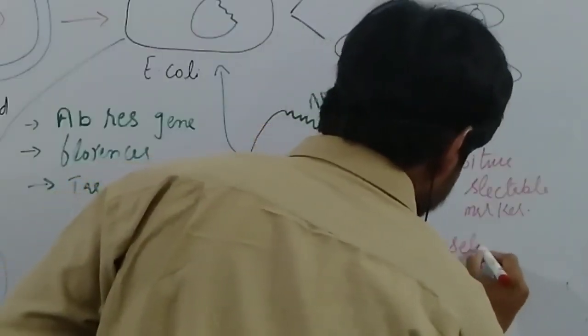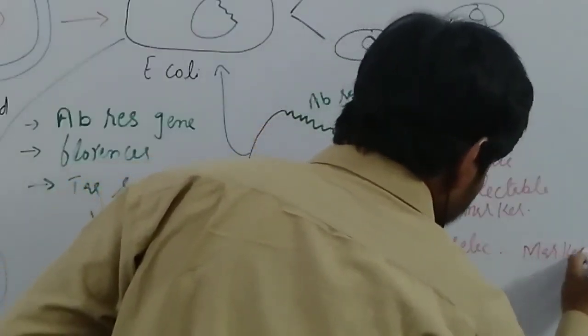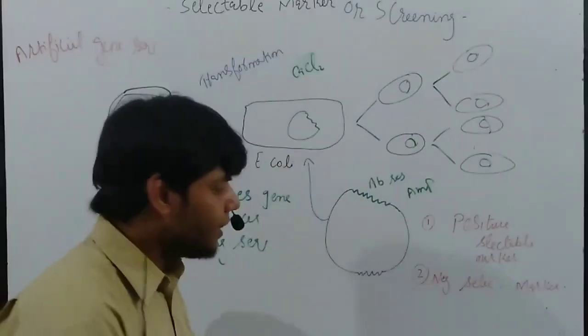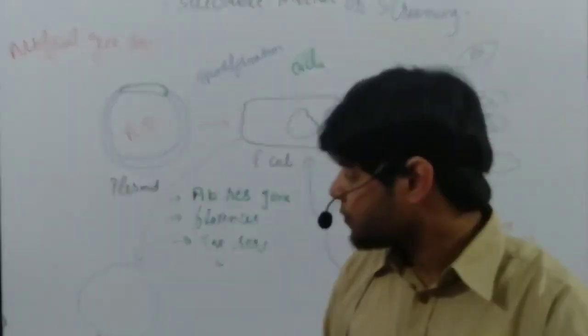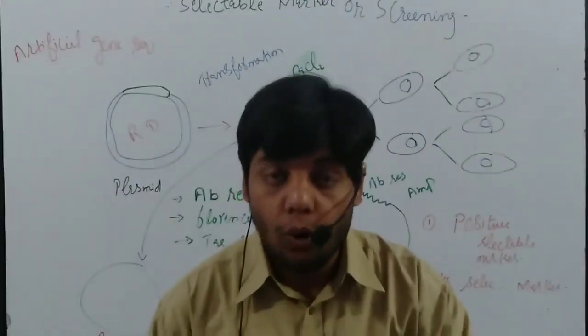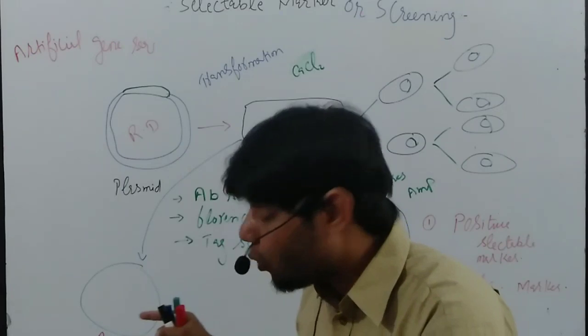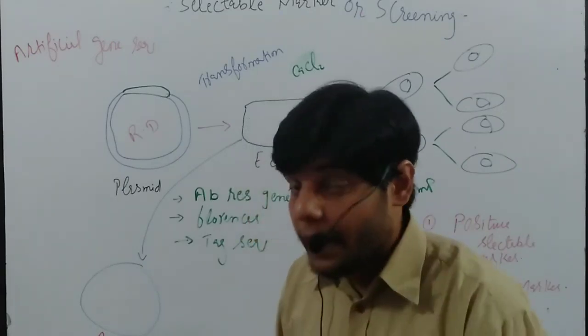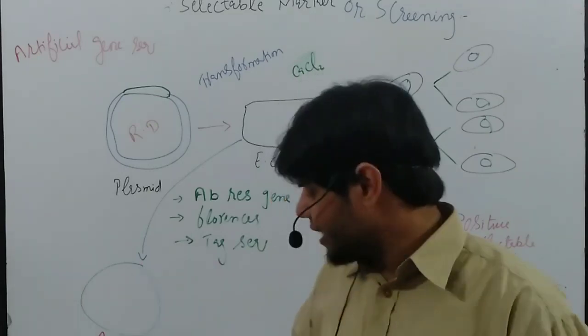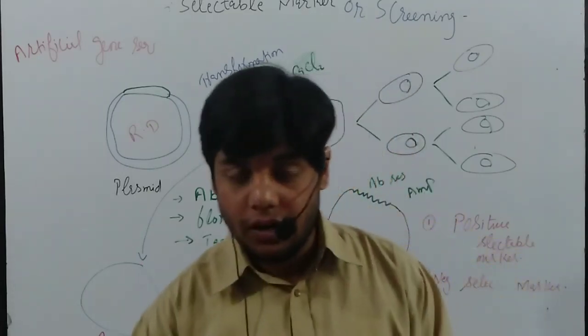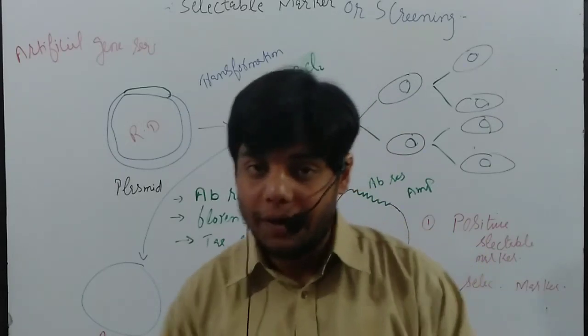Now, what is the negative selectable marker? It is the opposite of the positive. In a negative selectable marker, the bacterial cells do not grow. Just think, let's say these are ampicillin antibiotic agar plates.